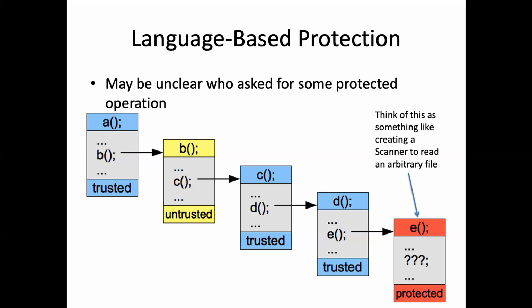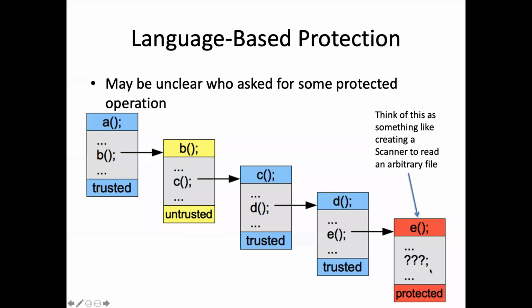So within Java, they provide a mechanism for whenever you're trying to do some potentially protected operation, something that not arbitrary code should be able to do. It looks for what code is invoking that. And that's what I'm trying to illustrate in this picture.